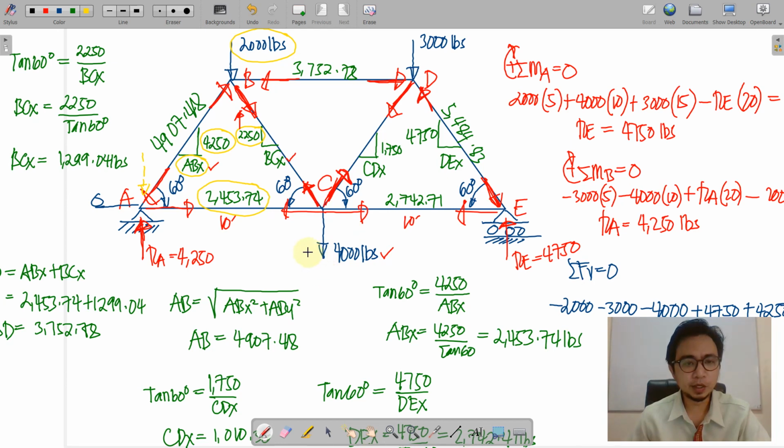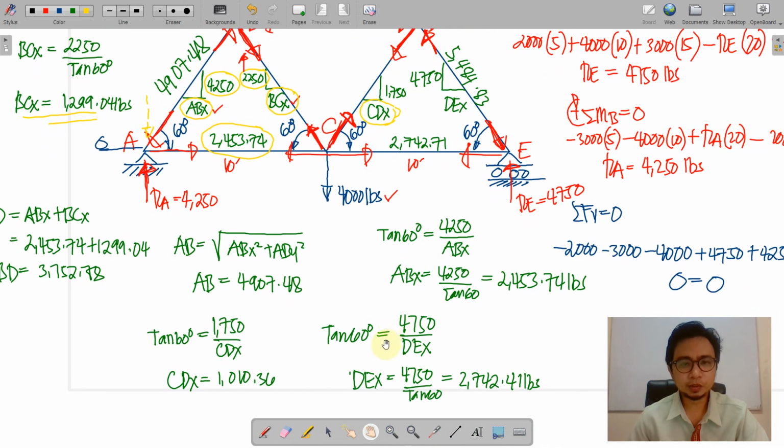First, we have negative 2453.74 because that is leftwards, and another leftwards BCX, which is 1299.04, plus CDX, which is 1010.36, plus another rightward force that is CE, equivalent to 2742.71.